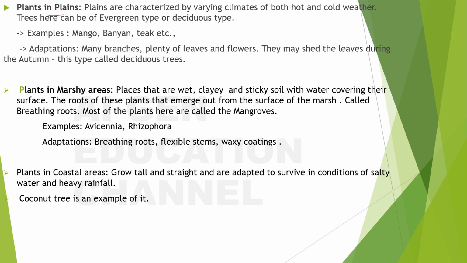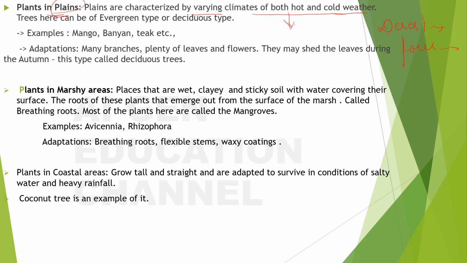Now, plants in the plains. Plains are characterized by varying climates of both hot and cold weather. Deserts are always hot, and forests are always rainy, but you can't say anything about plains because they have varying climates of both hot and cold weather. So the plants here can't be of one type, right?